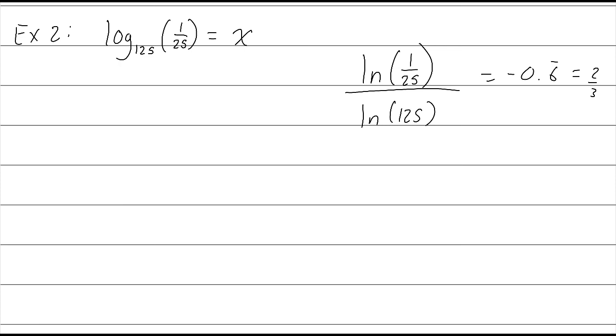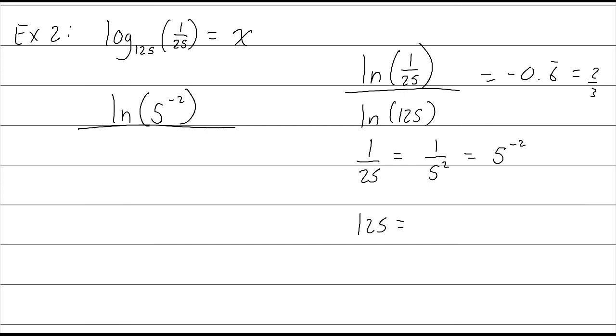Another way you can work this out is to work with the exponents. 1/25 is the same thing as 1/5 squared, which is 5 to the -2nd power. So the numerator, ln of 1/25, is ln of 5 to the -2nd power. And 125 is 5 to the 3rd power.